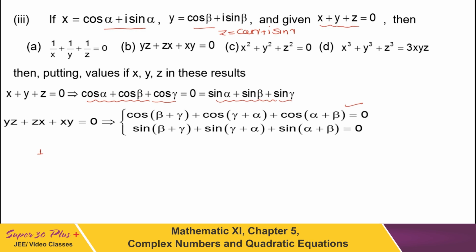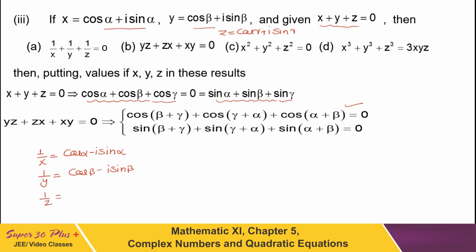Because the value of 1/x is equal to cos α - i sin α, because x is cos α + i sin α. Similarly, 1/y is equal to cos β - i sin β. And we can easily prove that 1/x + 1/y + 1/z is equal to 0, because x + y + z is equal to 0.